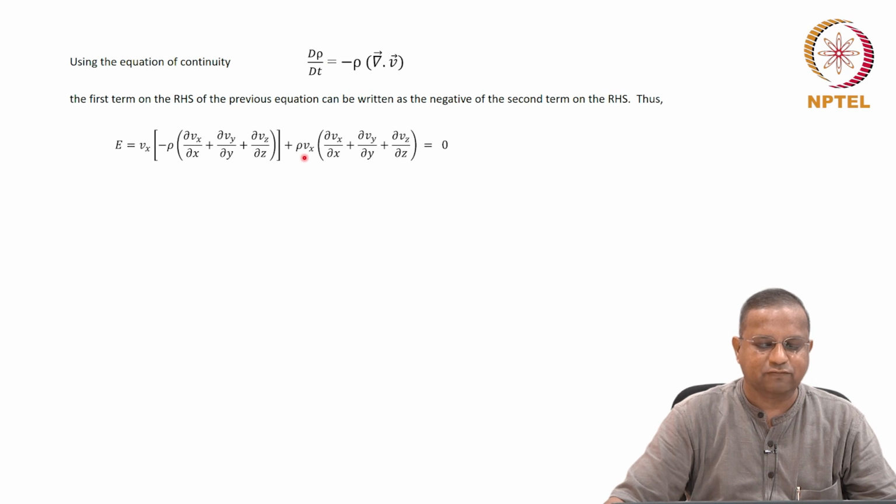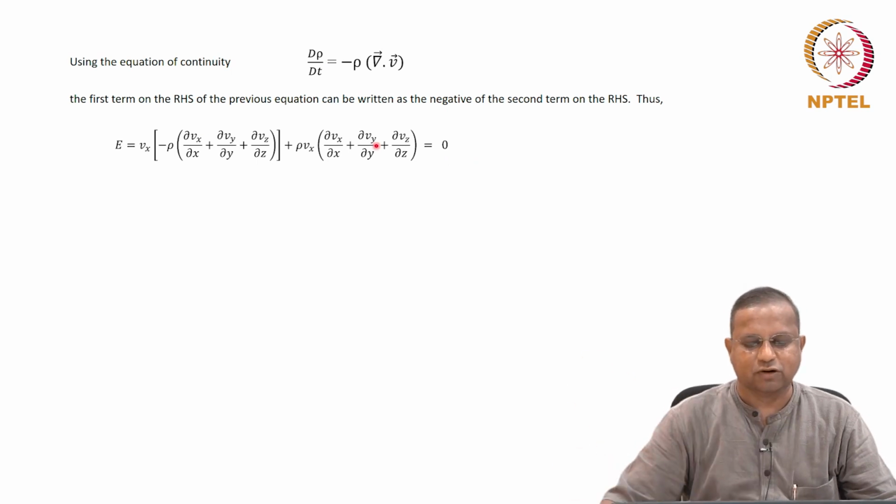Here you have ∂Vx/∂x plus ∂Vy/∂y plus ∂Vz/∂z. And you have a ρVx term here. You have a minus ρVx term here. So using the equation of continuity, this becomes the negative of this and they cancel each other out and the entire E goes to 0.